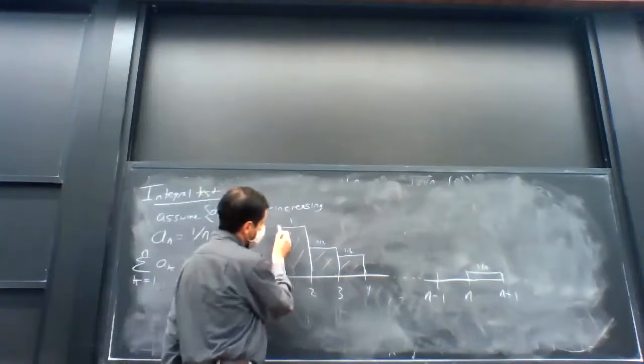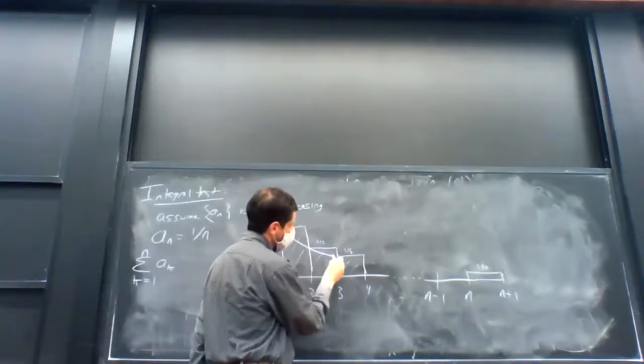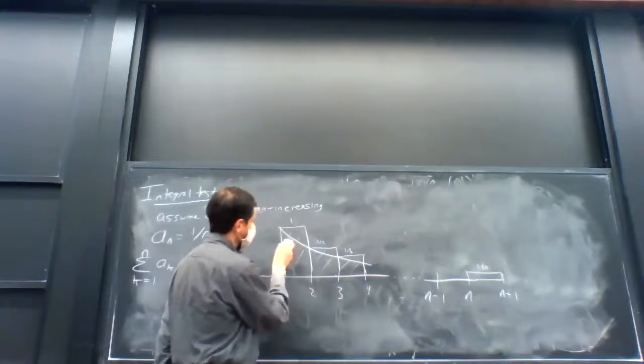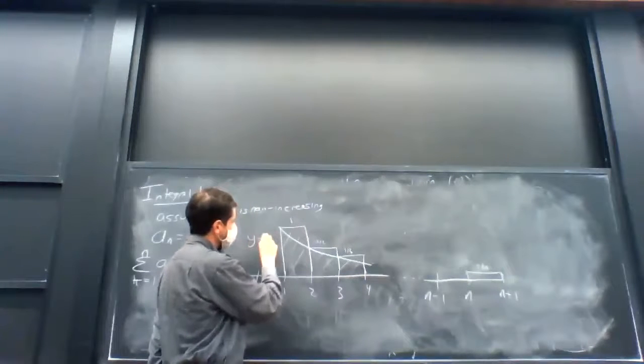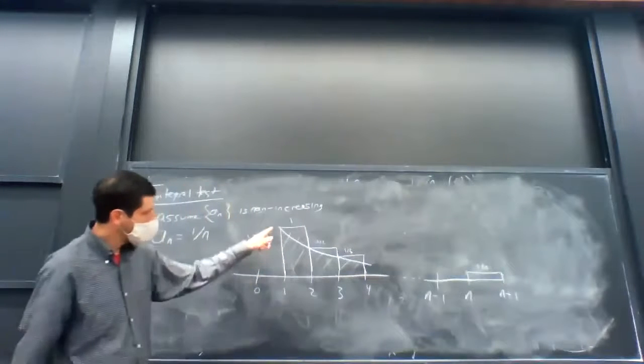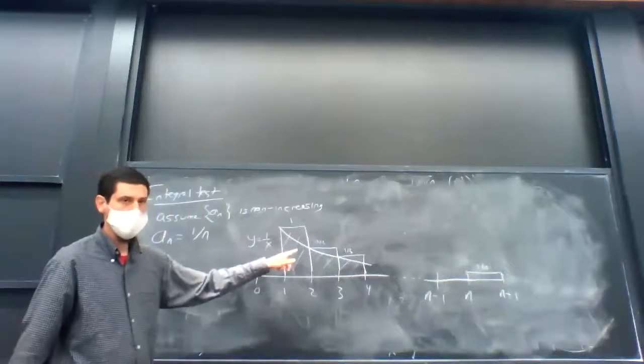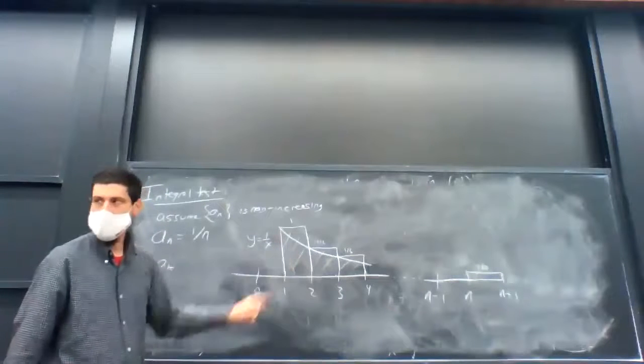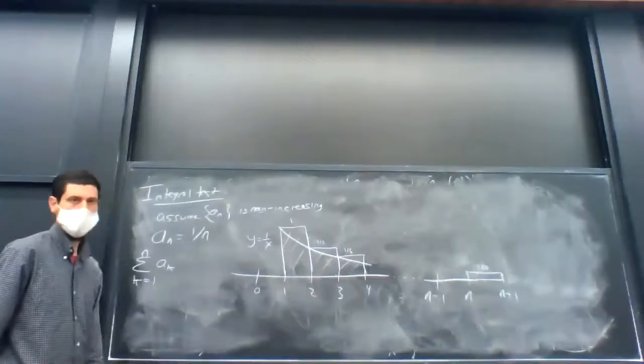So if I draw the function y equals 1 over x, notice that that function is always strictly less than my boxes.